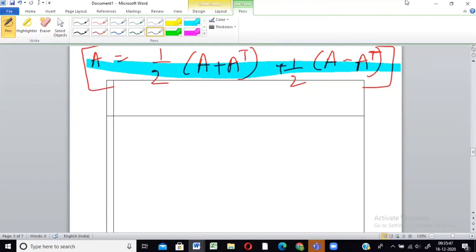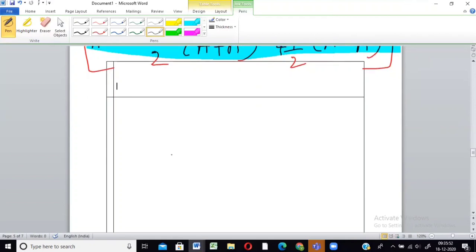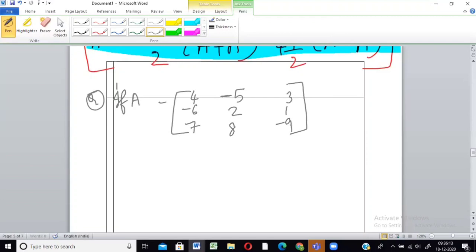Suppose your A, given to you in the question, is 4, minus 6, 7; minus 5, 2, 8; 3, 1, minus 9.